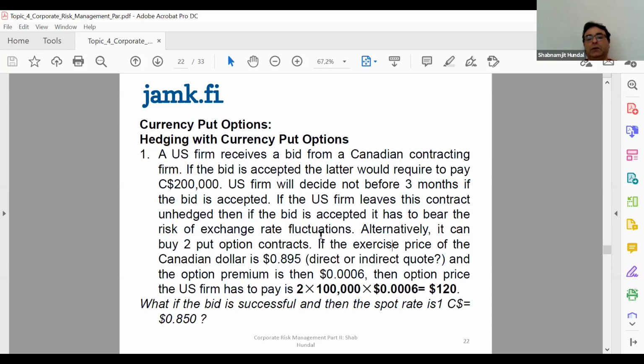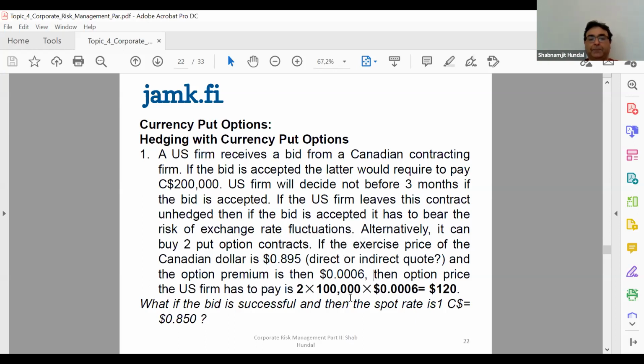Because one option contract is 100,000 Canadian dollars, and because it's 200,000, you buy 2 option contracts. And the exercise price is 1 Canadian dollar equal to 0.895 USD. Again, it's a direct quote because you are in the US. All the prices should be shown in American dollars. So it's a direct quote.